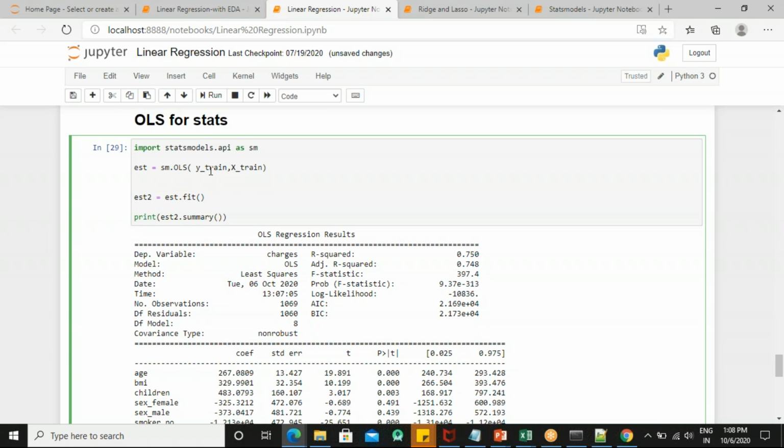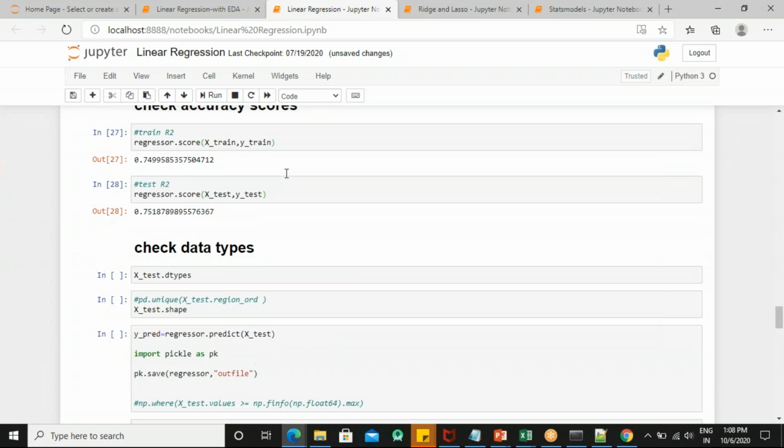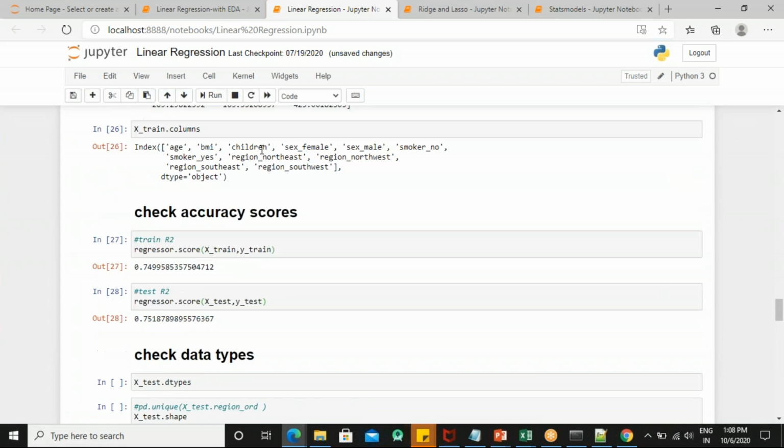You pass on your y data and x data. See, ऊपर आप क्या पास कर रहे थे, आप x train y train पास करते थे. यहाँ पे y train x train, यहाँ ऑर्डर बदल गया because it is somewhat similar to R syntax, where you used to give y tilde and then you give x1 plus x2, right, like this. So that's why it's y train x train.